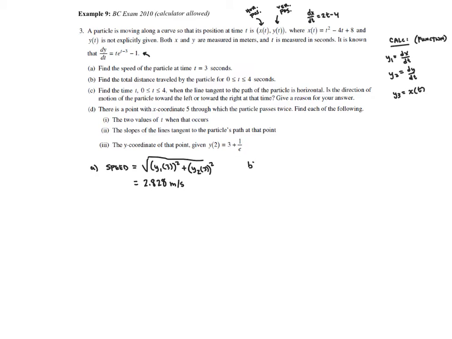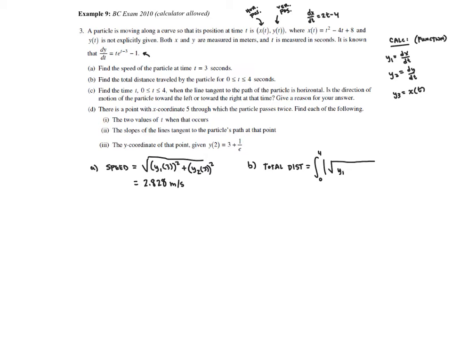Okay, part B. Part B says find the total distance traveled from t equals 0 to t equals 4. Take the integral of the square root of dx/dt squared plus dy/dt squared.